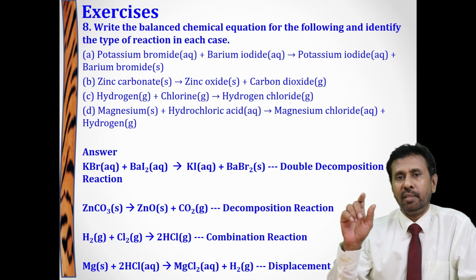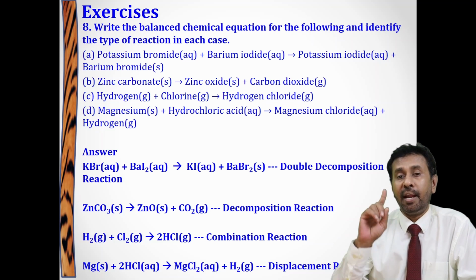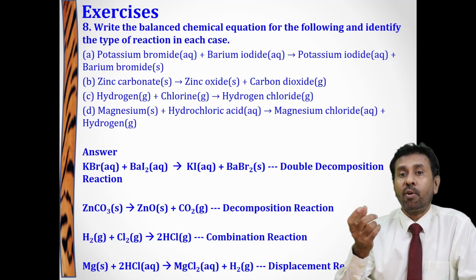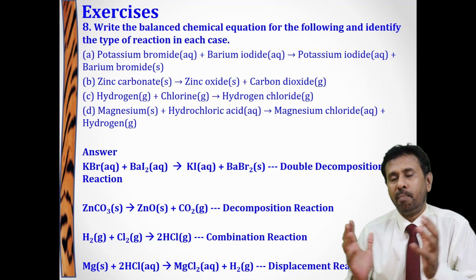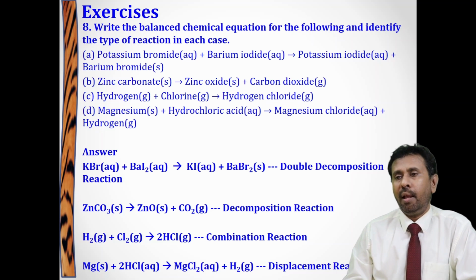We discussed this with calcium carbonate, limestone: calcium carbonate on heating gives calcium oxide and carbon dioxide. Here we have zinc. Hydrogen plus chlorine gives hydrochloric acid, HCl. That is combination, two simpler substances combining together into one. And magnesium plus HCl gives MgCl2 and H2. This is displacement again.